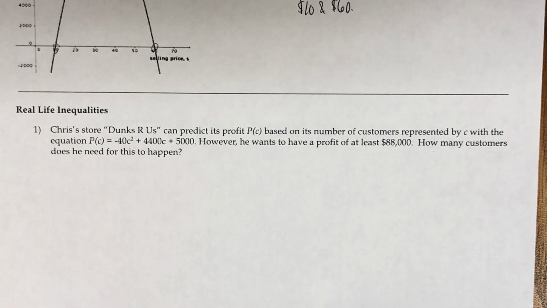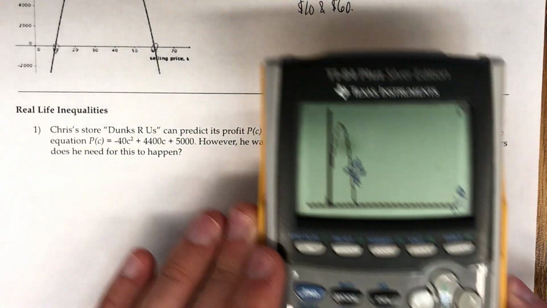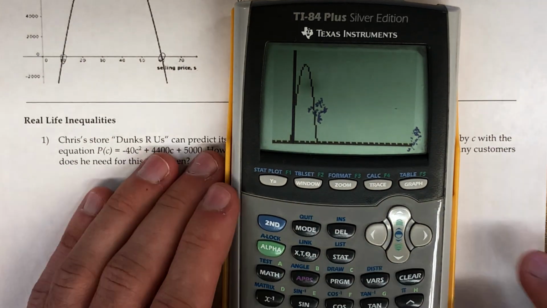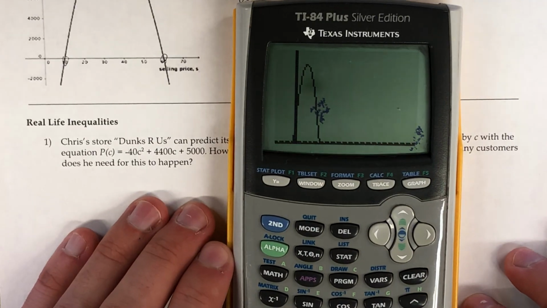Okay, zoom, fit, window. All right. So not a great picture, but this is essentially what we have.